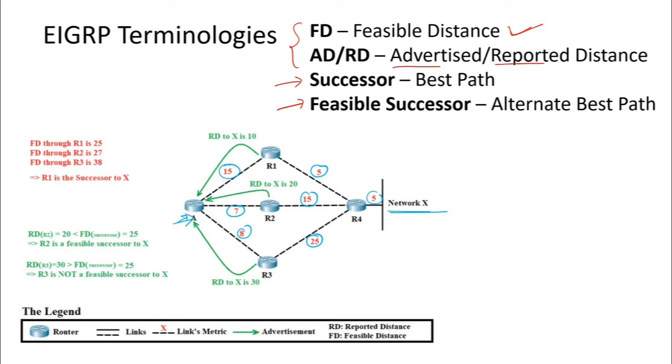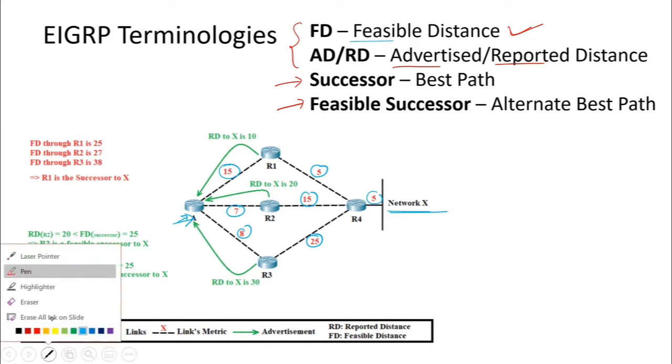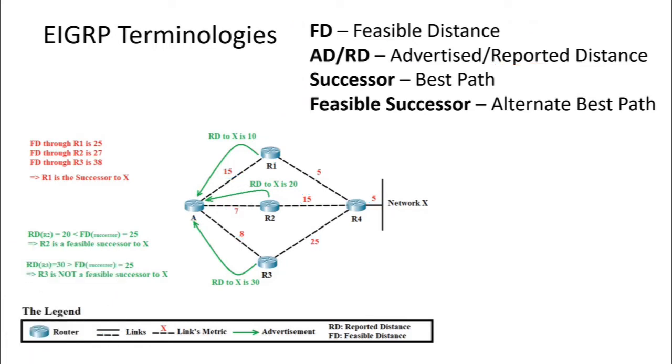So the total cost to network X is the feasible distance, right? We have three routes, either via R1, via R2, or via R3. So if I try to reach network X from A via router 1, let's calculate the total cost.